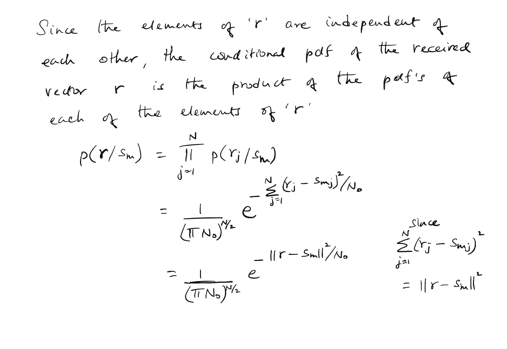So we see clearly that the conditional PDF has a factor here which represents the Euclidean distance between the transmitted signal and the received signal.